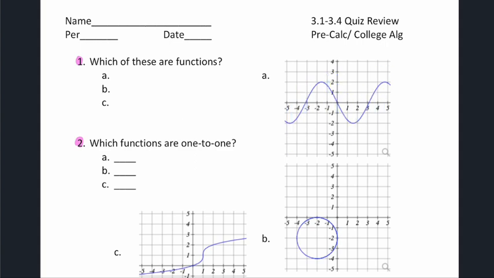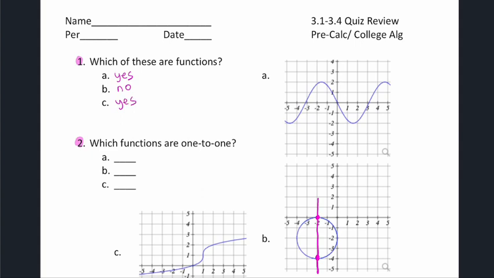So A is a yes. But B, if you notice, we have many, many different vertical lines that hit that circle in 2 spots. So that would be a no. And then C passes the vertical line test. All vertical lines only hit it once. So it's a yes.